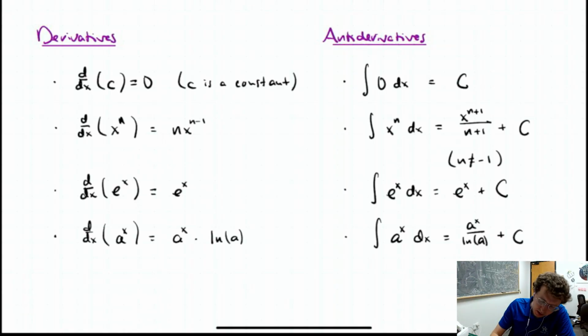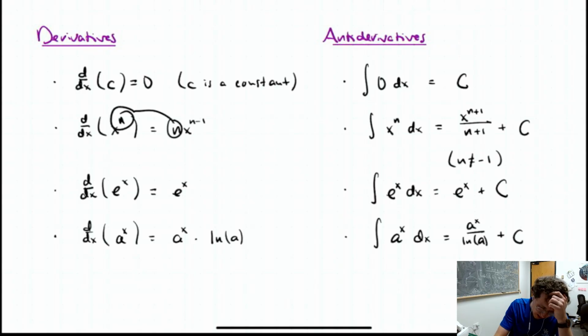You might start to see a pattern, which is that when we differentiate a power function, we end up multiplying by something. When we anti-differentiate a power function, we end up dividing by something. By the same thing, actually. It doesn't look like the same thing, because here it's an n, and here it's an n plus 1, but the point is, in both cases, that number matches the exponent of the antiderivative.